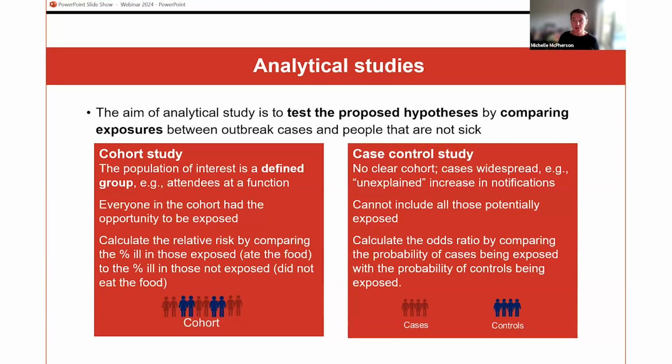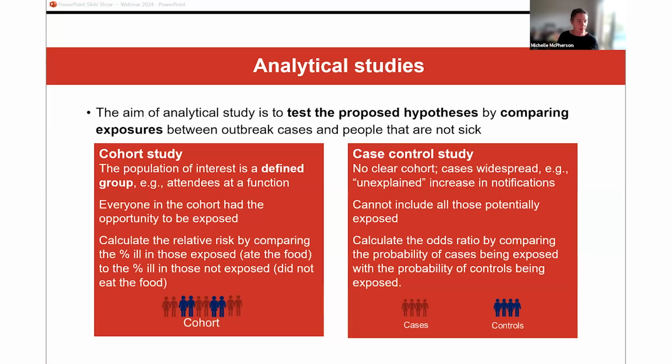And here, because we don't have that full population, we have to actually calculate probabilities or odds. So we use the odds ratio, and we compare the probability of a case being exposed with the probability of controls being exposed.